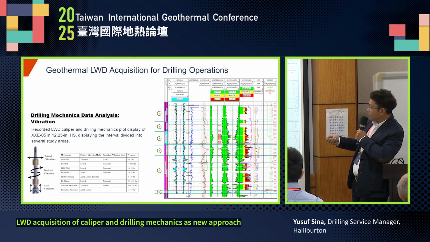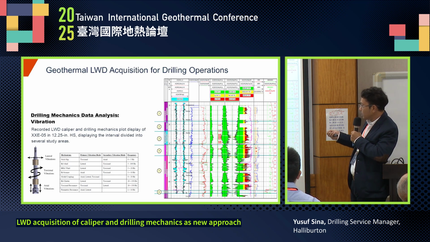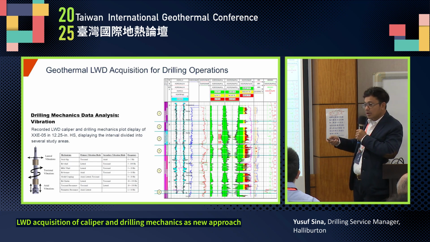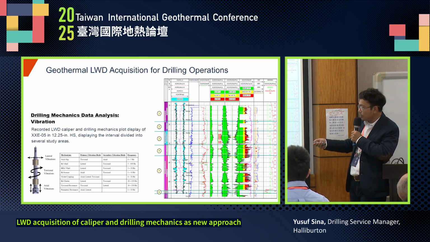Sections 1, 2, and 3 are relatively quite low, with some high vibration but still relatively low compared to section 4 and section 5, because the magnitude is quite different and quite high compared to sections 1, 2, 3, and 6. That's why we start putting attention on these two parts of the formation, number 4 and number 5.